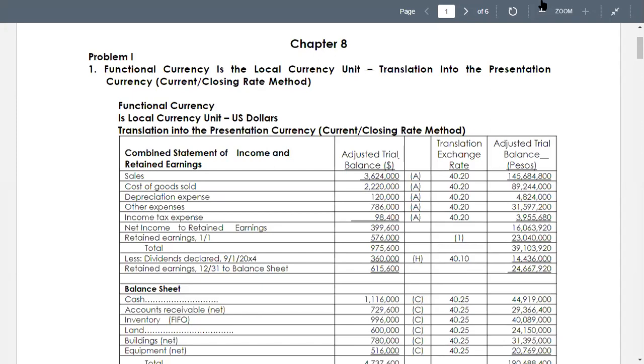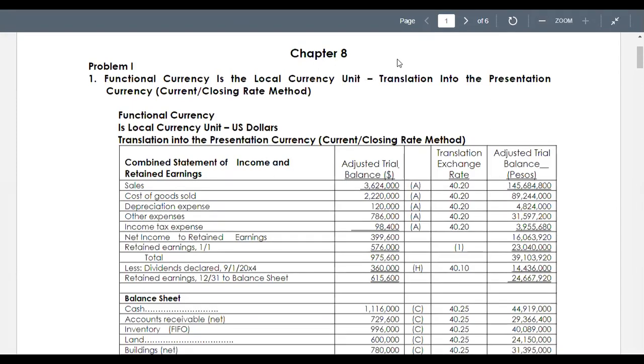It means that the presentation currency is parent's presentation currency, the Philippine peso, but its functional currency is the local currency unit. Now, you have the discussions of this in connection with the current rate method.